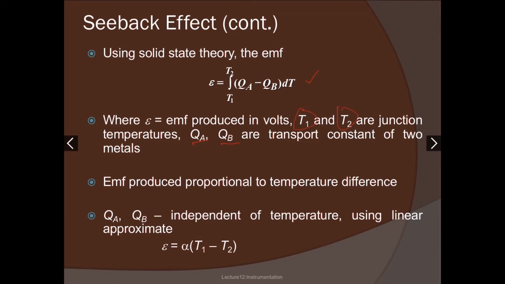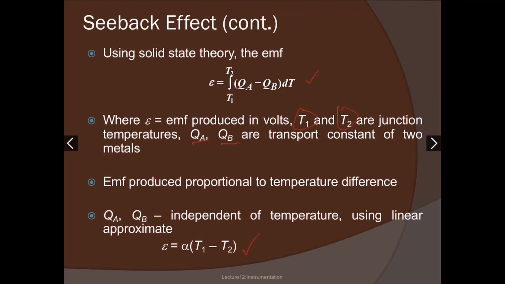Solving the equation, the EMF is found to be proportional to temperature difference. This is because QA and QB are independent of temperature. Therefore, we can use linear approximation to simplify the equation, becoming this equation.